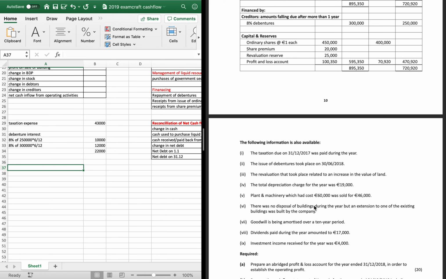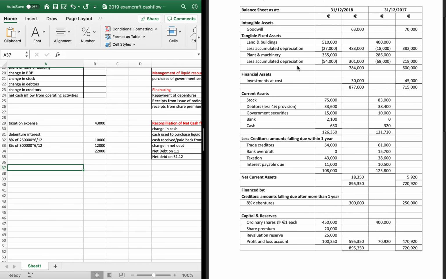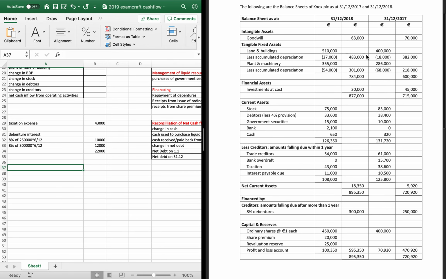So what we can say is that from that, the depreciation on land and buildings is the difference between the 18,000 and the 27,000. So it's 18 and 27. The difference between the two of those is 9,000. So that's the depreciation on the land and buildings for the year.